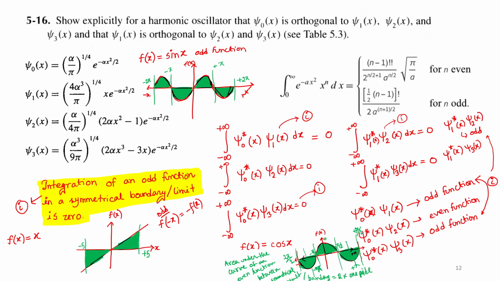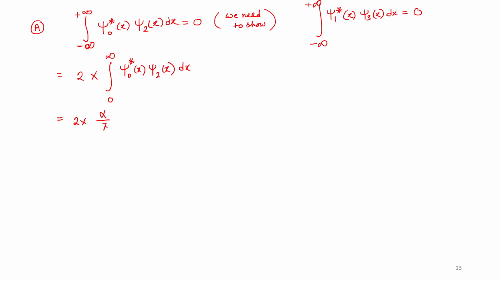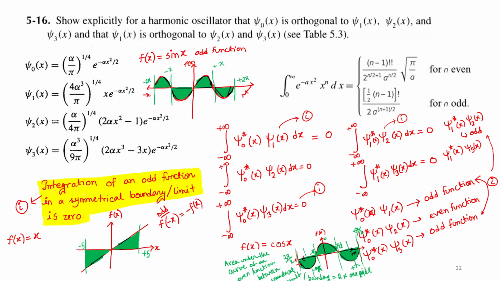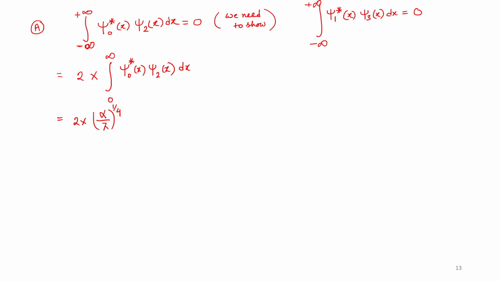Let me first write down the constant, (alpha by pi) to the power 1 by 4. Psi 0 star, there is no such, I guess, i term there, and for the harmonic oscillator, 4 alpha and the rest of the 4 alpha cube by pi, 0 to infinity.